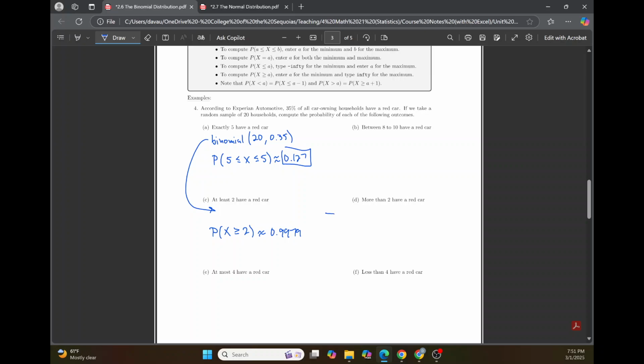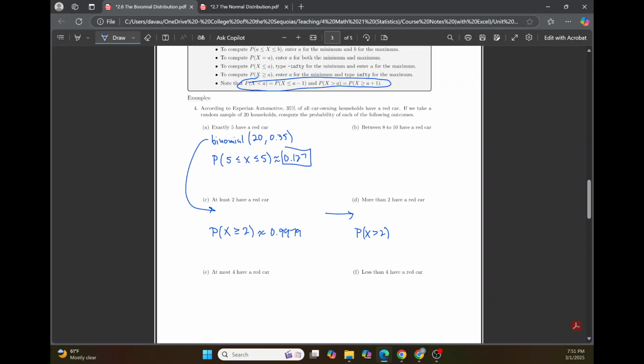Okay, for part D, again, we're going to use that same binomial distribution. This time we want the probability that they have more than 2 cars. X is greater than 2. And now here we're going to use the same facts that we took note of in the original lecture, right?